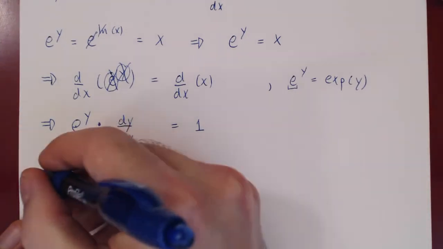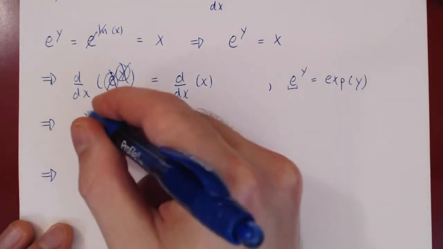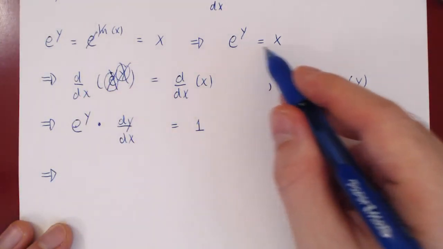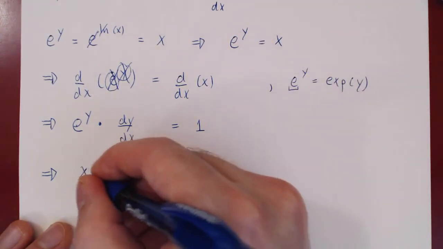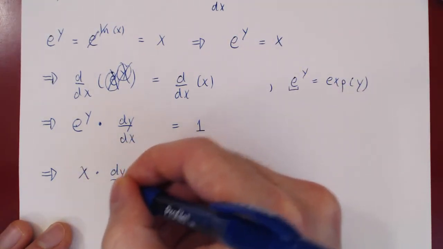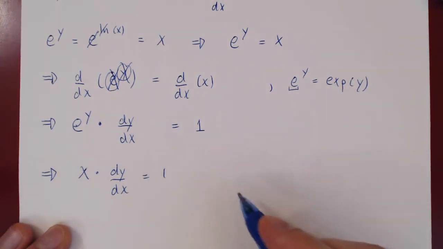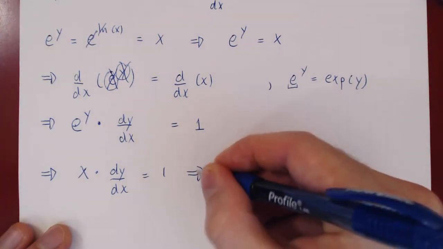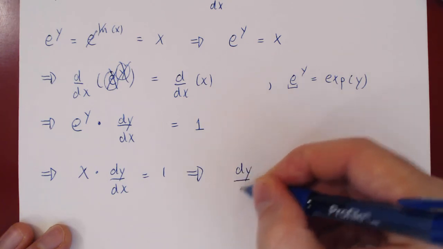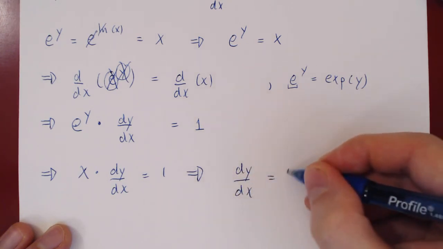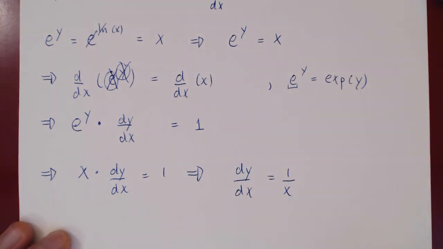So what we have is actually quite simple now. E to the y is equal to x. So we have simply x times dy over dx is equal to 1. Divide both sides by x, and so the derivative of y with respect to x is just 1 over x.